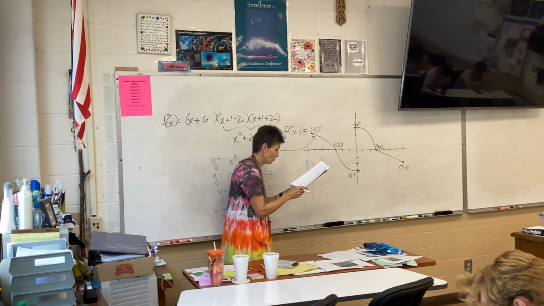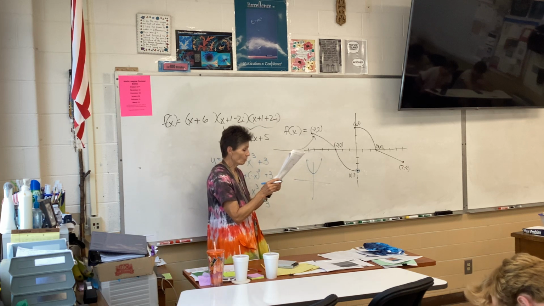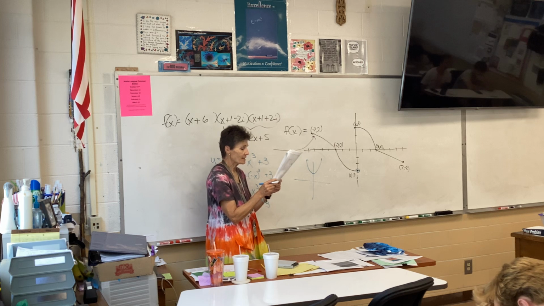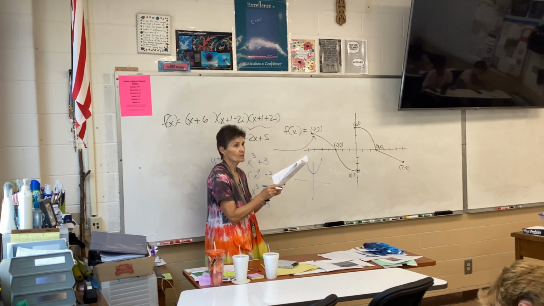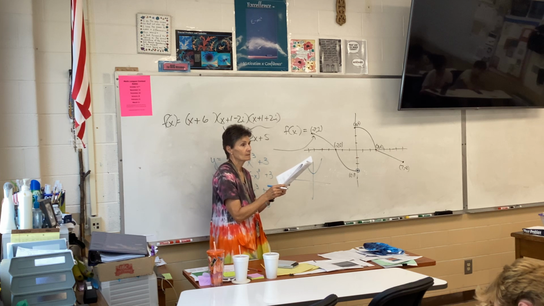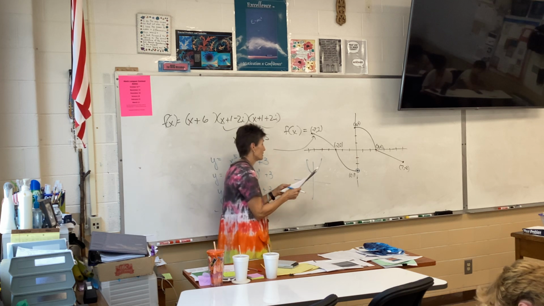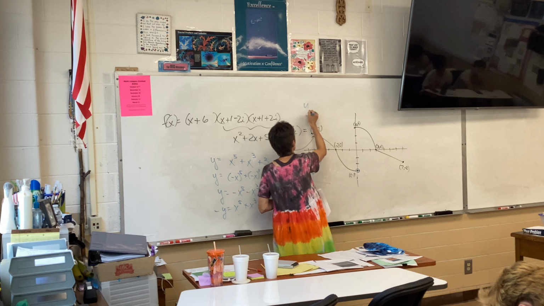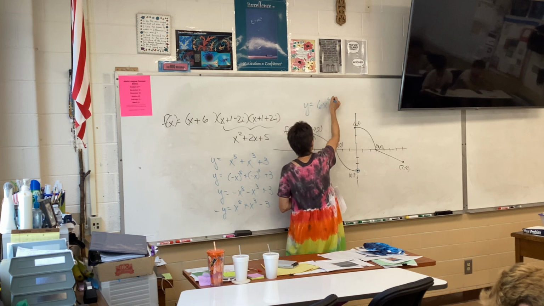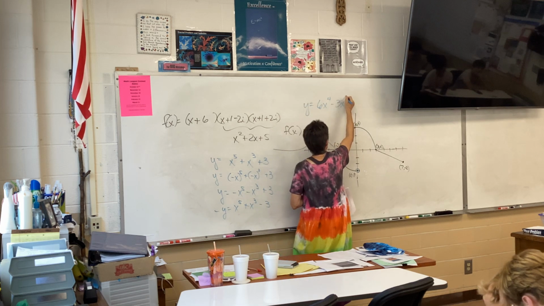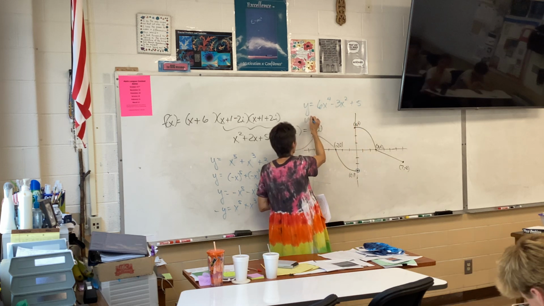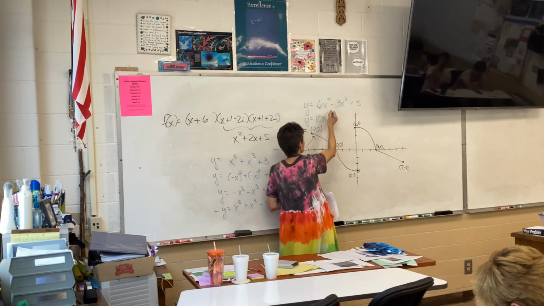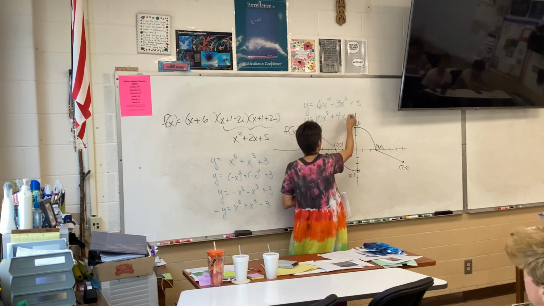If each term of a polynomial function has an even exponent, the function is even. So it would be something like 6x to the 4th minus 3x squared plus 5, something like that. Or 10x to the 8th plus 4x to the 6th.